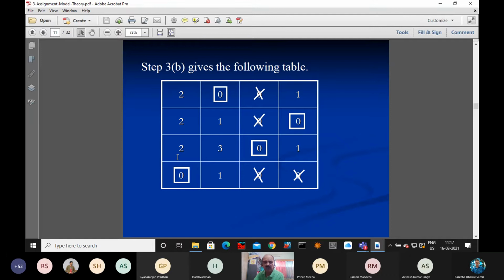In the third row, x33 equal to 1, rest all 0. In the fourth row, x41 equal to 1, rest all 0. Means we are assigning worker 1 to job 2, worker 2 to job 4, worker 3 to job 3, then worker 4 to job 1.